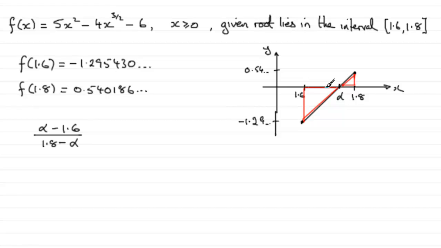Now if we compared this length from this big triangle with this length from the small triangle, then I need to get another equivalent comparison. And we're going to go for this length here compared with this length here. When we're comparing this length, we just take the positive value here, so the length will be 1.295430 and so on, that many units.